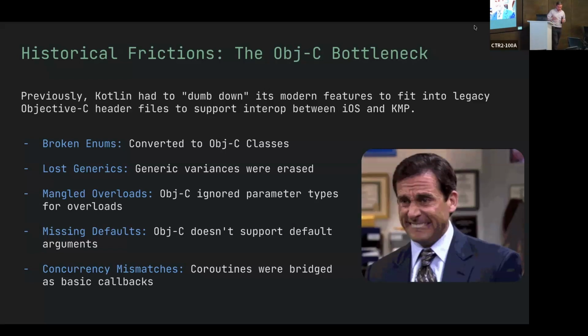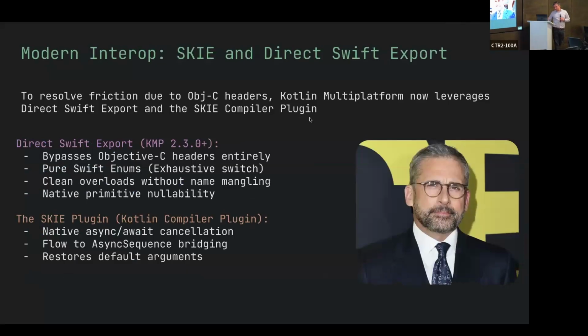For many years I would use a framework called Skie, or whatever you want to call it. I'm sure the folks that created it have a good name for it. But this is how I've worked for years until direct Swift export came along.